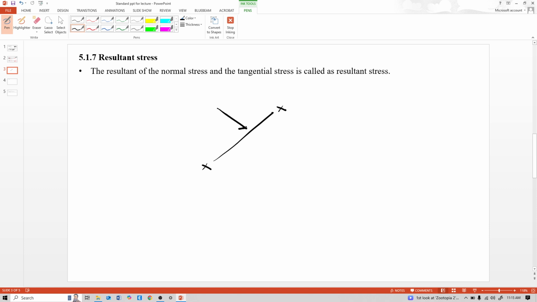Consider section XX, acting normal stress sigma n and tangential stress sigma t.